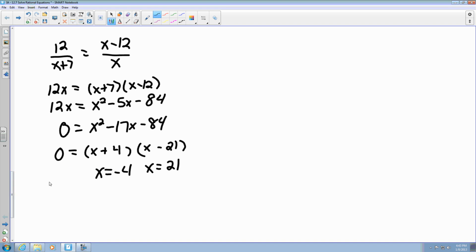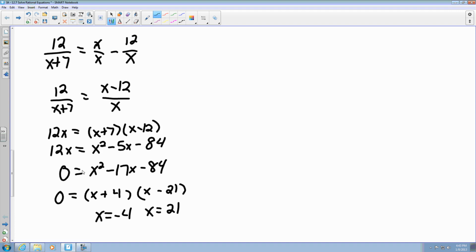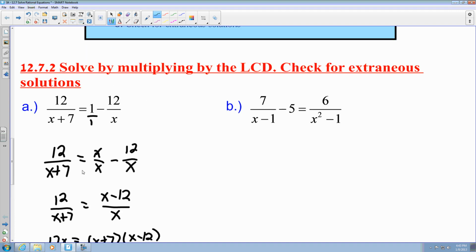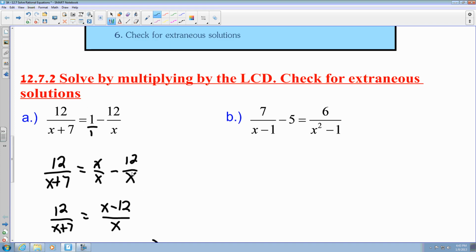So once I find values for x, I must then put them back into this original equation to see if they hold true. So if I remember what x is, -4 and 21. So what I'm going to do now is place them back into the original equation. So let's deal with x equals -4.